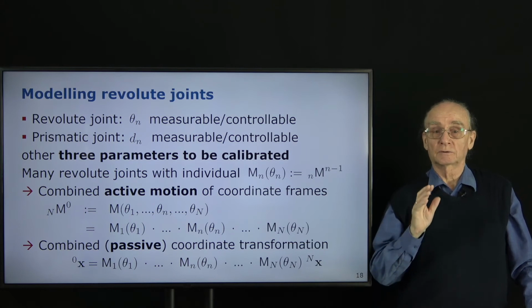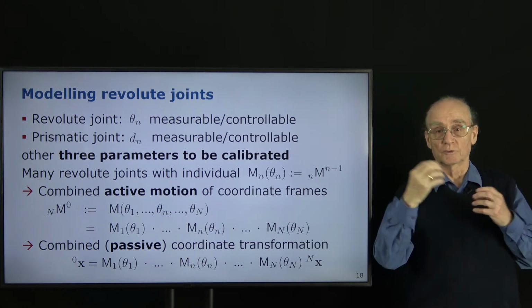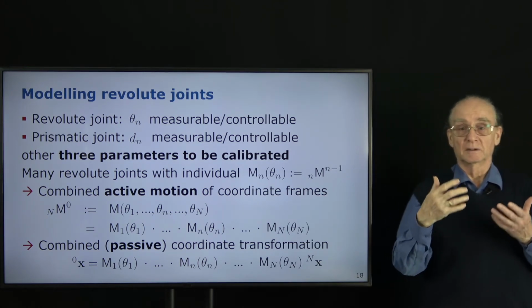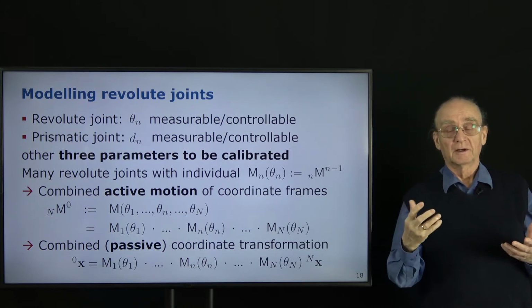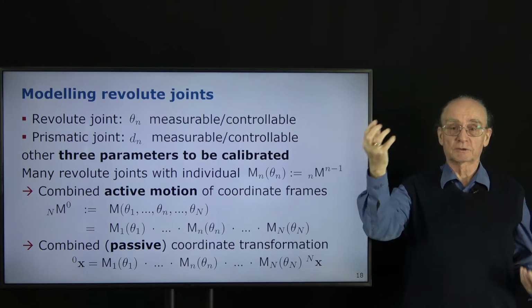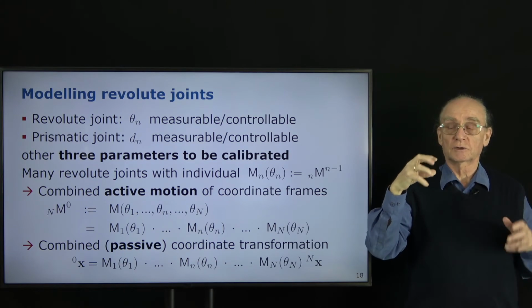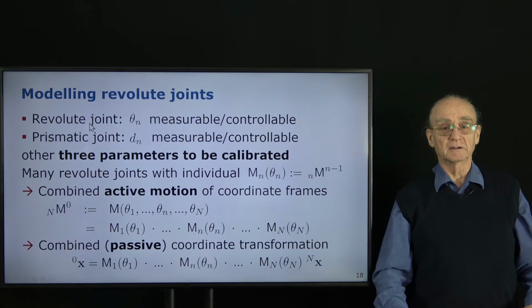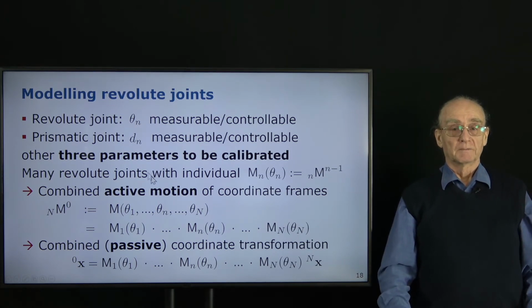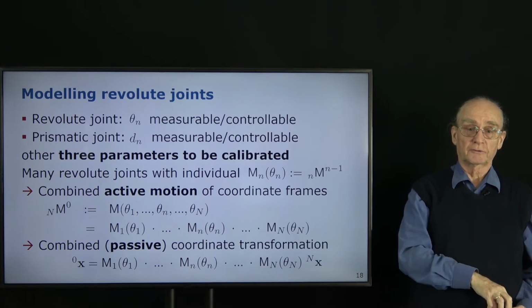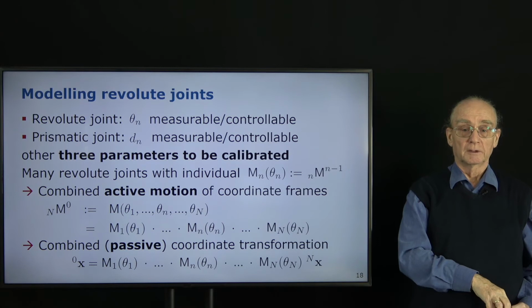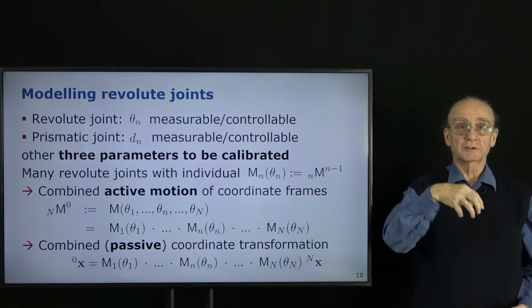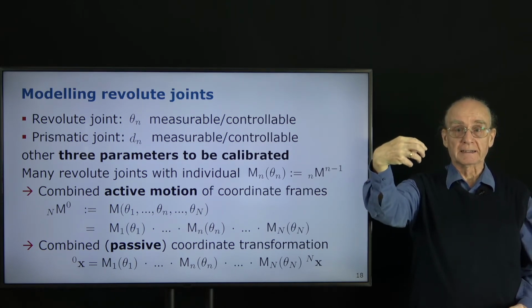That means you calibrate the system. That means you know these lengths, let's say a and d, and the alpha, and then you know how the robot arm is configured, and then you can describe the pose of the robot in 3D by just fixing the sequence of the theta n's. Now, again, you start with the first system, 0, and transfer this coordinate system until the end.